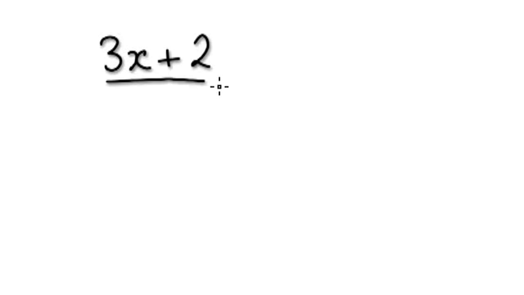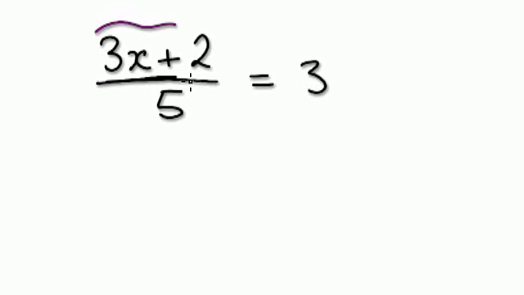And if you're given something like this, 3x plus 2 over 5 equals, let's say, 3, visualize it as this. Because of this long divide line here, it basically means everything on top. So all this here is stuck in a bubble. Kill off this 5.